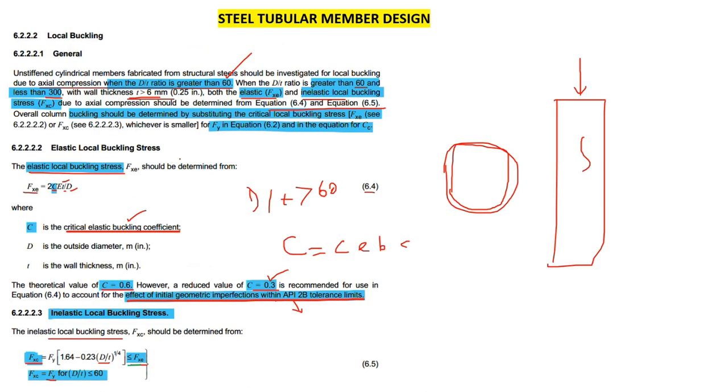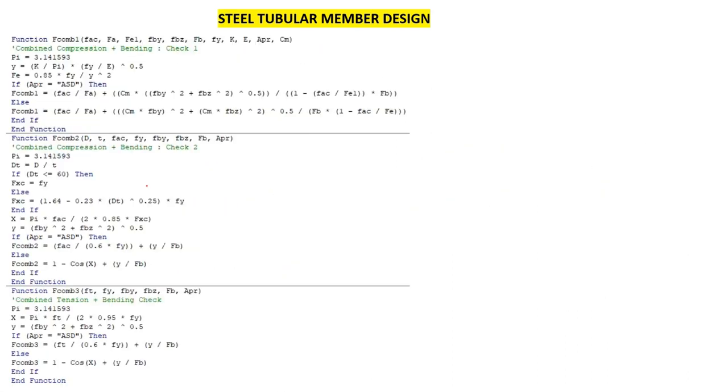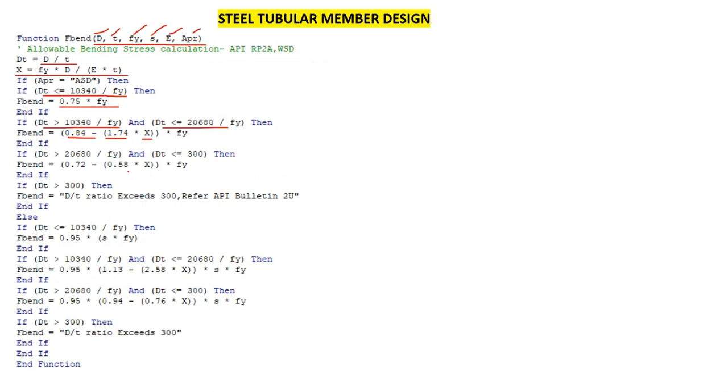X is nothing but what we have seen here, Fy d by E t. We simply calculated X and stored it, and 1.84 minus 1.74 times X will come here. If d by t is between this ratio and 300, we can take 0.72 minus 0.58 times X. If it is greater than 300, then refer to API RP 2A.